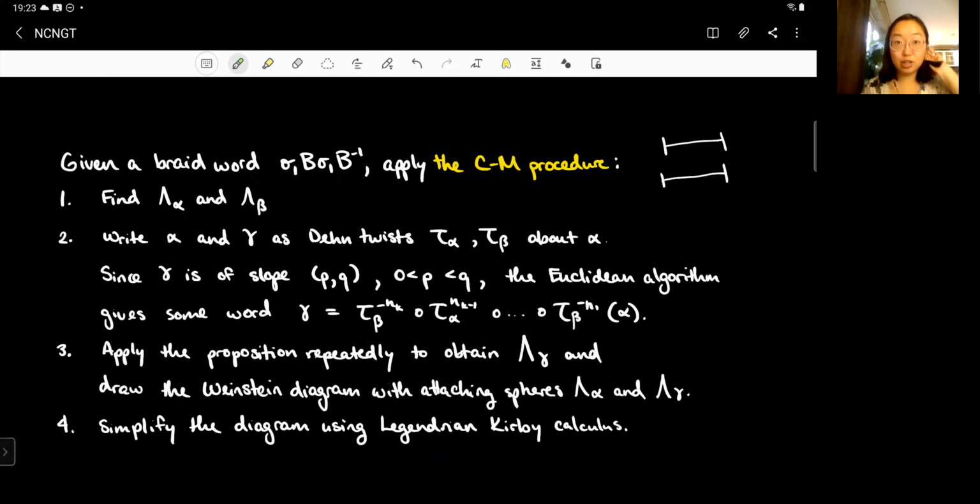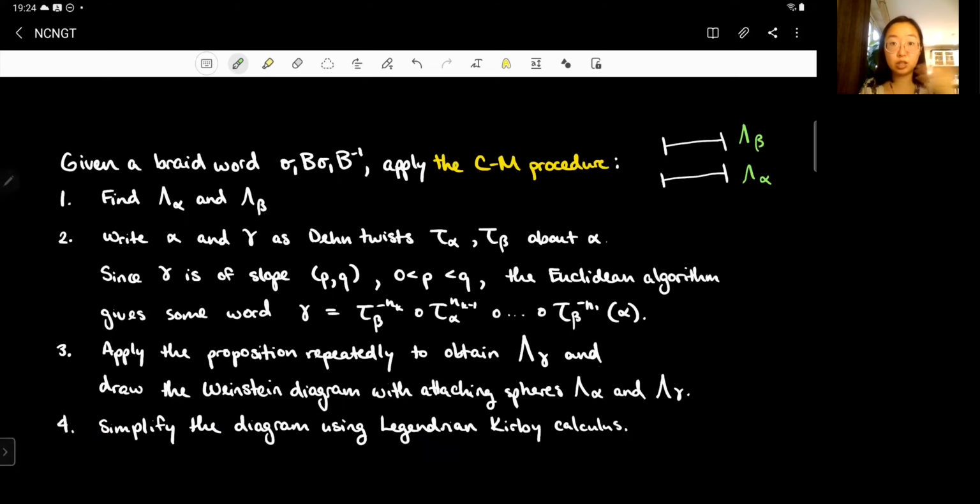We're given the braid word, sigma 1 b, sigma 1 b inverse. Now we want to find the Weinstein diagram for the Weinstein-Lefschetz fibration. First, we're going to find the Lagrangian lifts of alpha and beta. For us, they are pictured here. They're just going to be these canceling curves of these one handles.